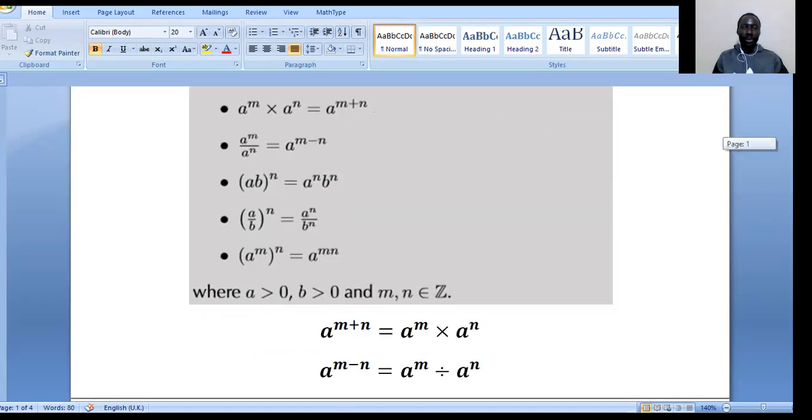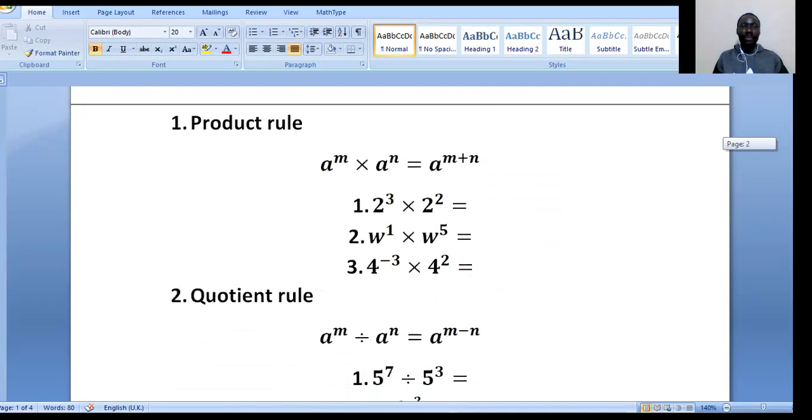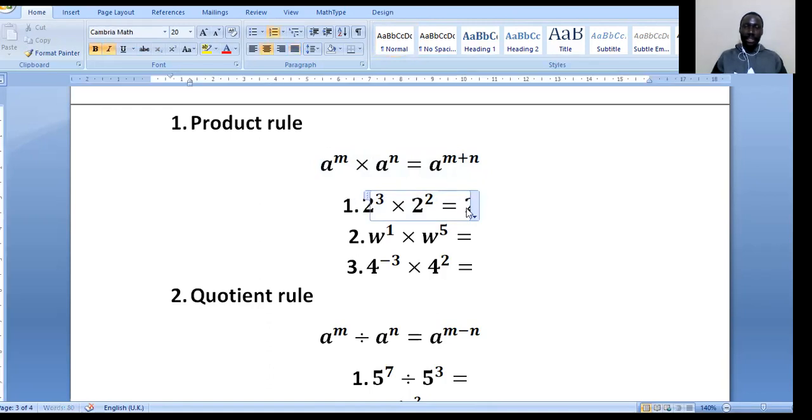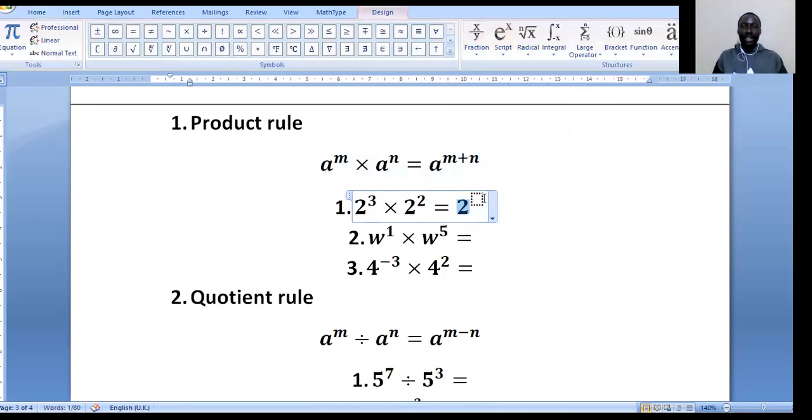Now, we want to move on and break down those rules. In the first rule, we saw that when you multiply two numbers that are the same, even if they have different exponents, you can simplify it by adding the exponents. That means if you have 2 to the power 3 times 2 to the power 2, you can simplify this as 2 with the separate exponents being added.